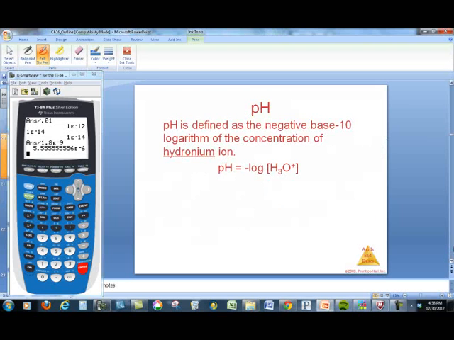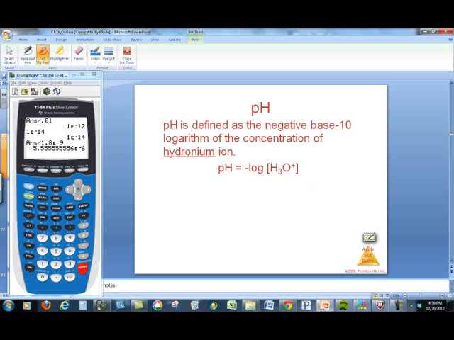Alright, so pH is defined as the negative base 10 logarithm of the concentration of the hydronium ion. So what does that mean? What it's really just saying is that pH is just another way of expressing concentration.